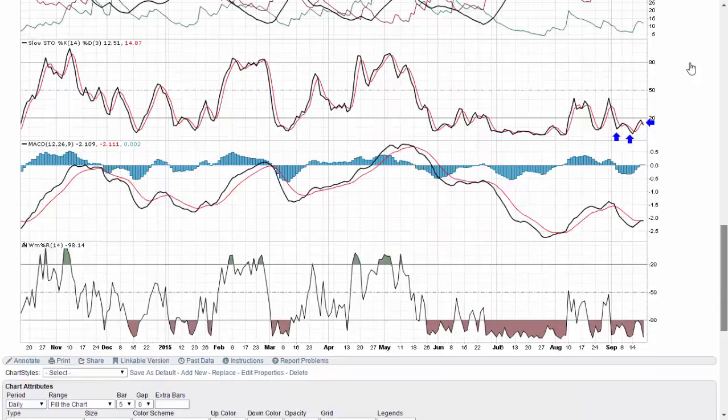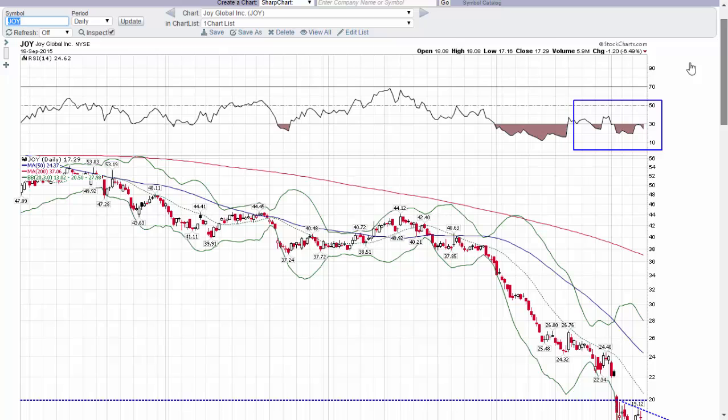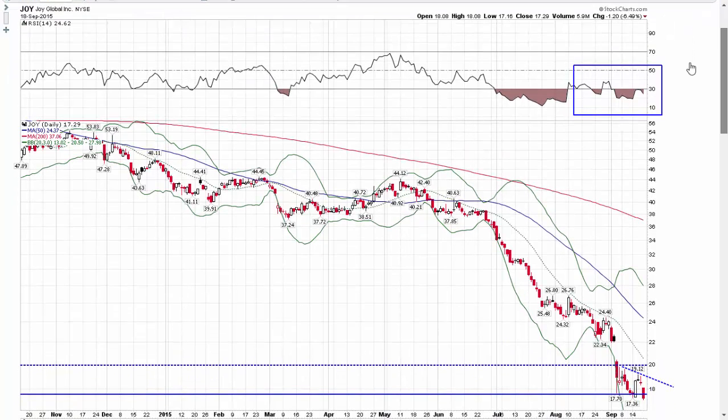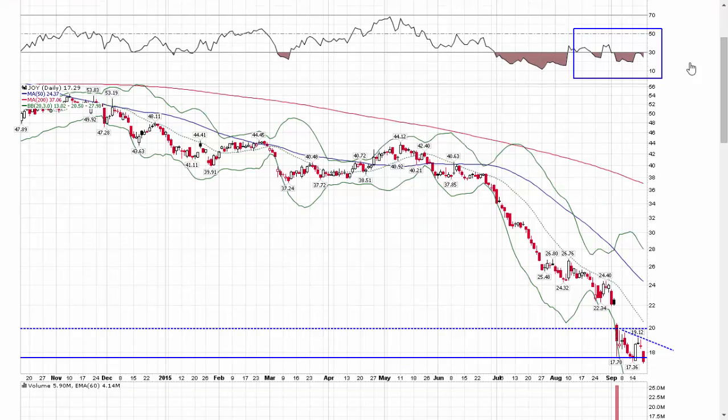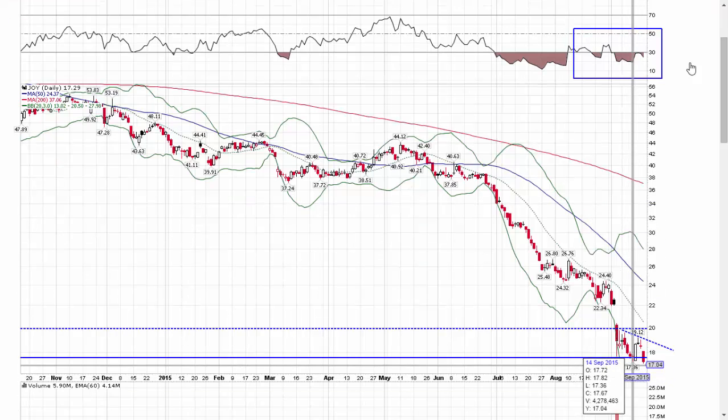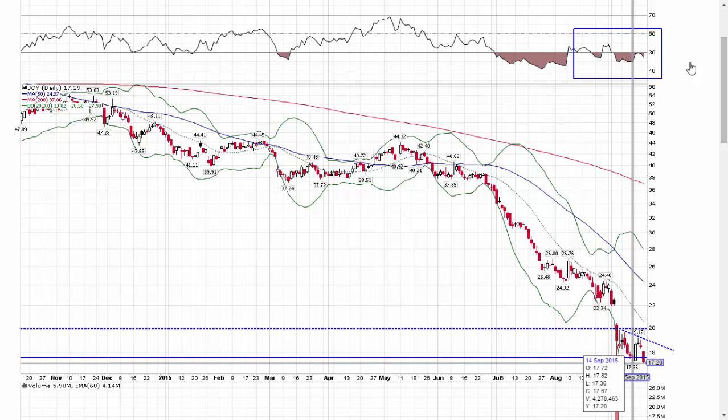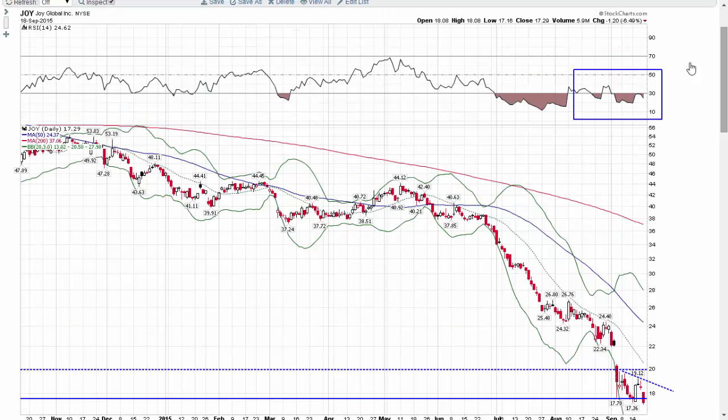So at this point in time, the stock looks weak and will probably head lower, and I would advocate that you not buy the stock. Add to that, if we break down below $17.36, it's a short. So Joy Global, I would avoid it to the long side right now, potential short.